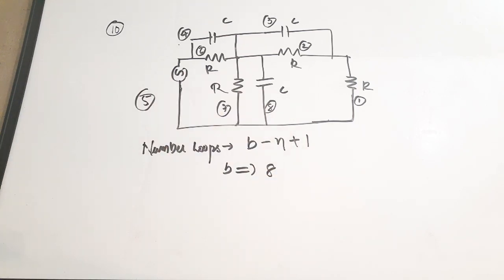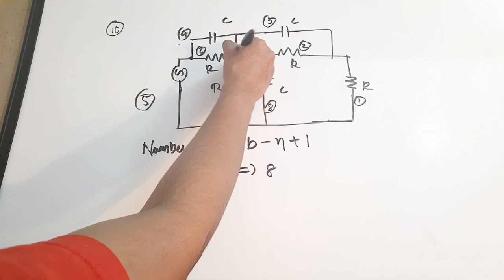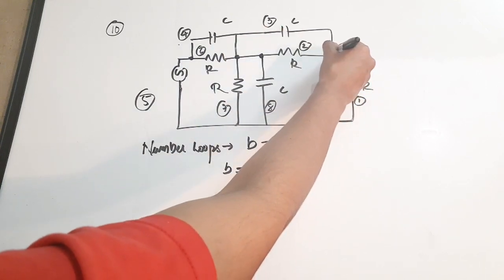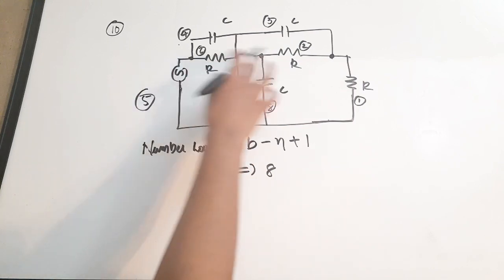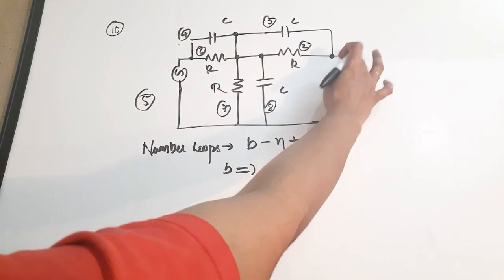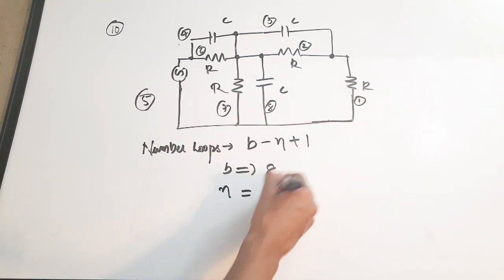Then the number of nodes, you will be getting as 5. Okay, let's check. 1, 2, 3, 4 and 5. Okay, so this is not a node, this is just a bending. So the number of nodes N is equal to 5.